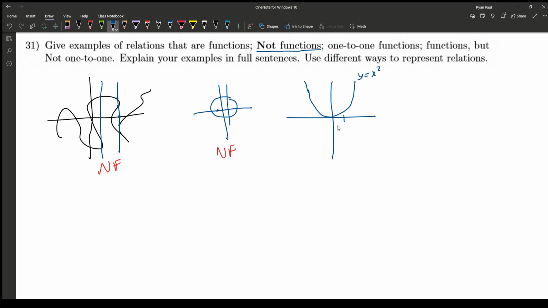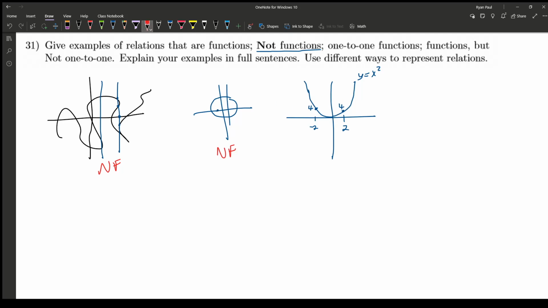That's just the normal stuff. Let's say at the x value of 2, you have a y value of 4. But at the x value of -2, you also have a y value of 4. So it's a function because every x value has only one y value attached to it, but it's not one-to-one because you have multiple inputs going to the same output.